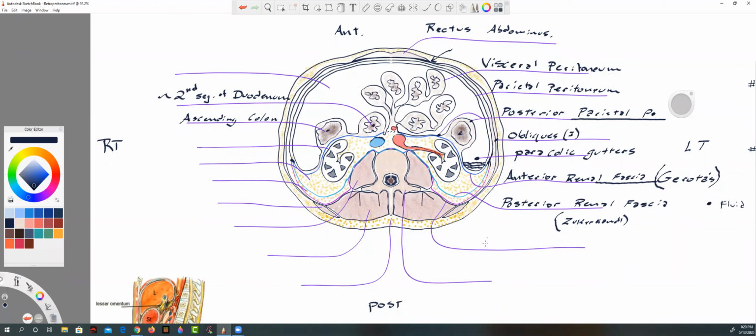And so there's just a little space in there. That is the transversalis fascia. That retrofascial. Of course, it's the one thing I didn't write down. That's okay. It is the transversalis fascia.